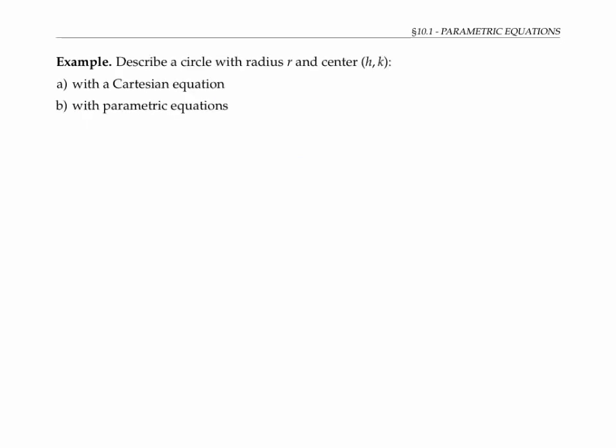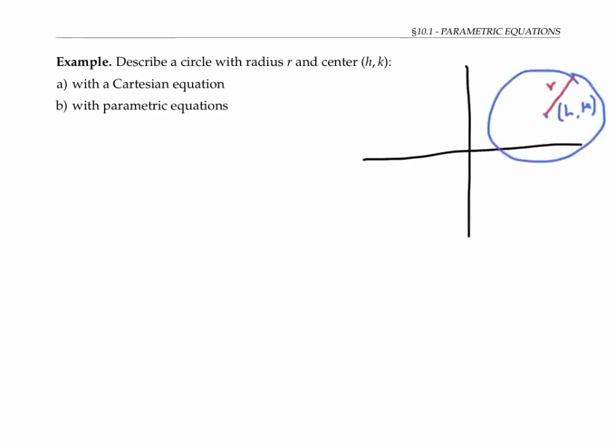As a final example, let's describe a general circle of radius r and center (h, k). For any point (x, y) on the circle, we know that the distance from that point to the center of the circle is equal to r. So using the distance formula, the square root of (x − h)² + (y − k)² has to equal r.